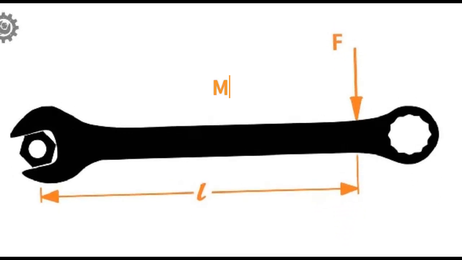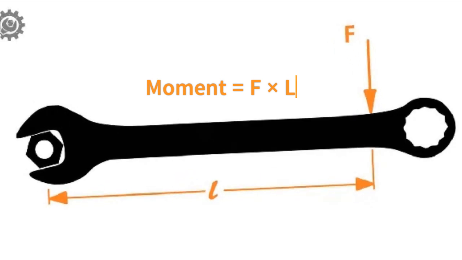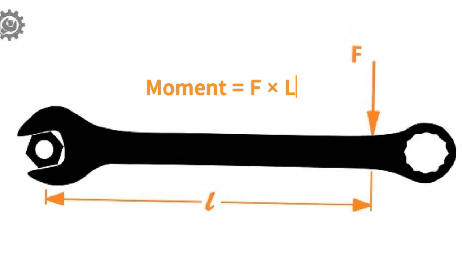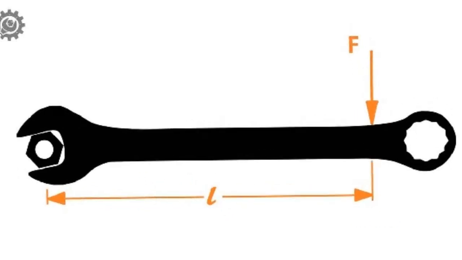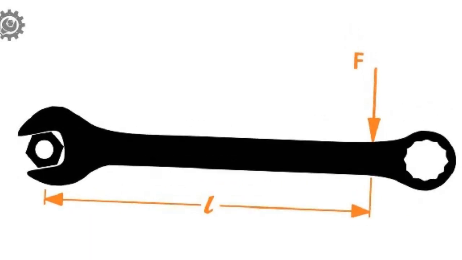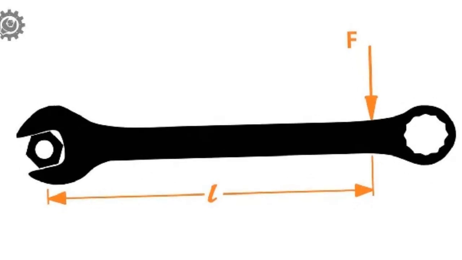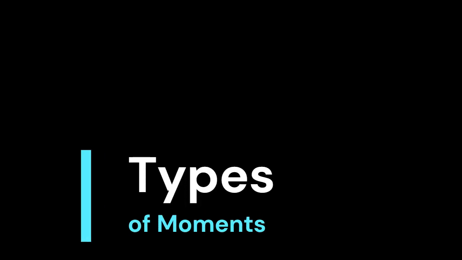Moments are calculated using the formula: moment equals force times distance. Here, a force applied at a greater distance creates a larger moment, making it easier to turn the bolt or nut. Now we will talk about the types of moments.